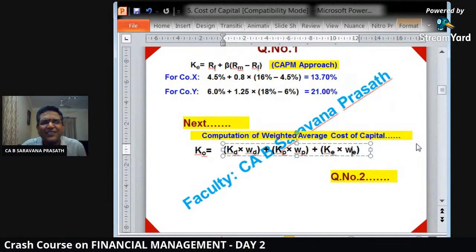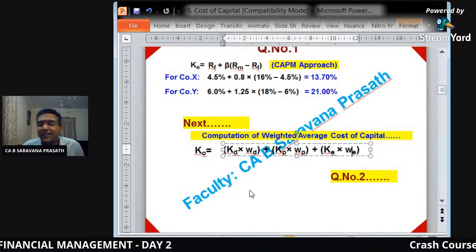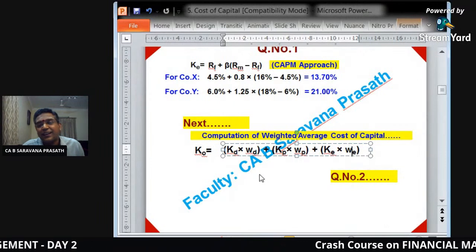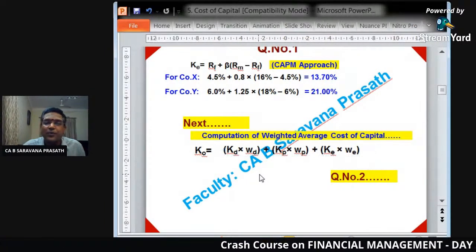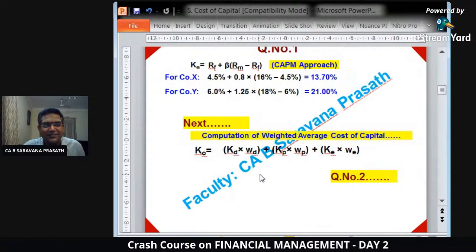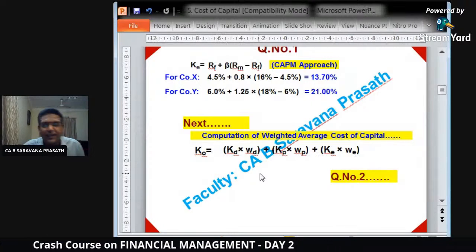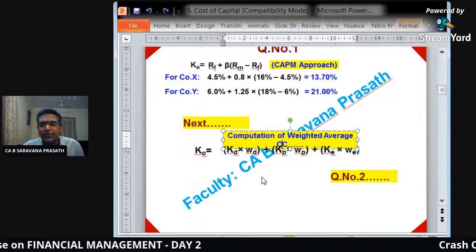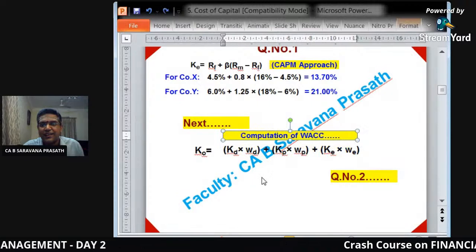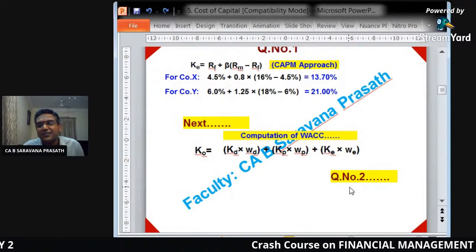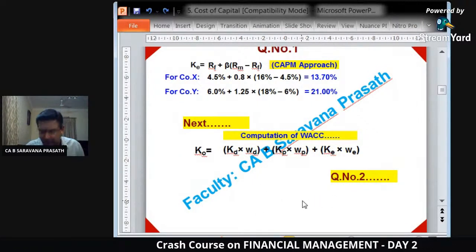That is the weighted average cost of capital. We will apply this in a question and learn how to compute WACC. We will discuss it in question number 2.